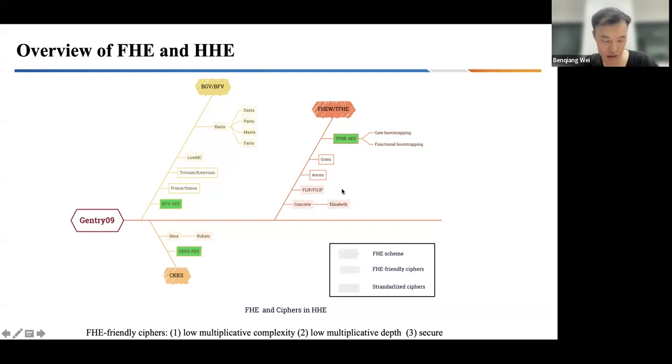And their goal is to design secure FHE-friendly ciphers with low multiplicative complexity and low multiplicative depth.